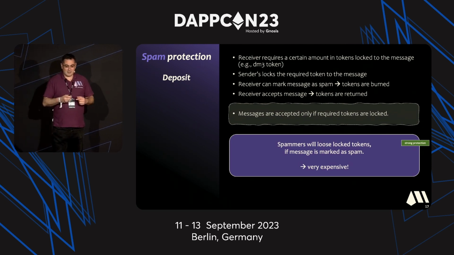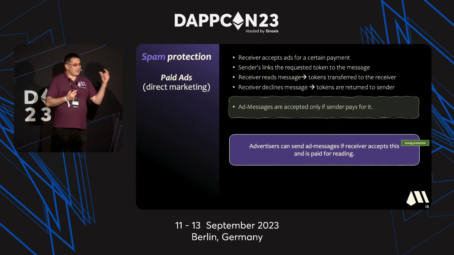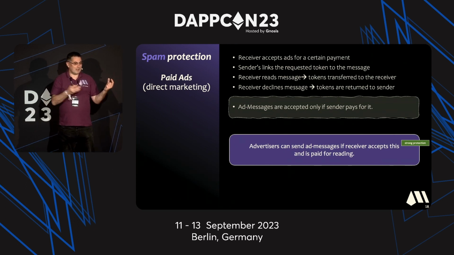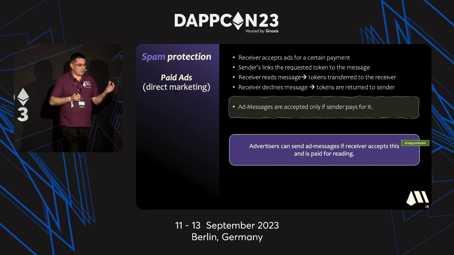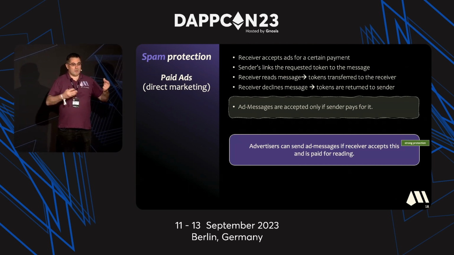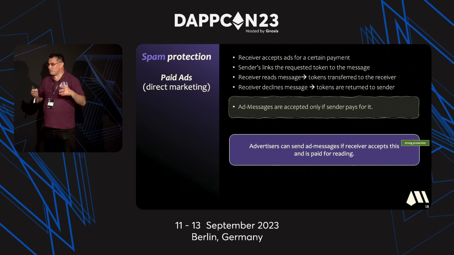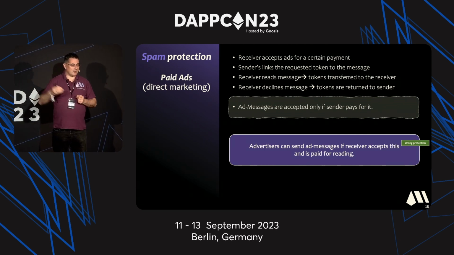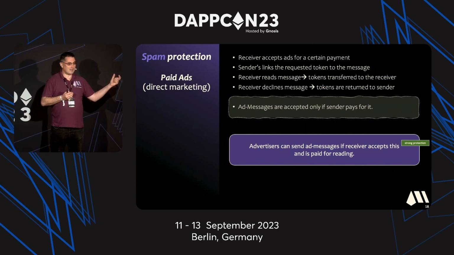And I can also take it the other way. I can say, let's accept messages, for instance for advertisements, if they have a payment on them. So the user can say, I'm willing to accept advertisement messages if they are paying me an amount of X. Then I can send a message directly to the receivers with this amount locked to the message.